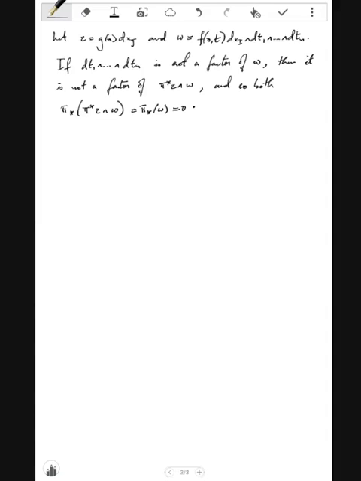So let's consider the case where it is a factor. Then we have pi upper star tau wedge omega equal to g of x dx_J wedge f dx_I wedge dt. So now it is trivial to check that.